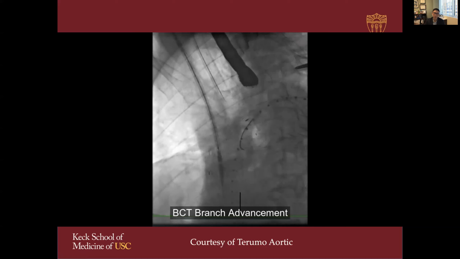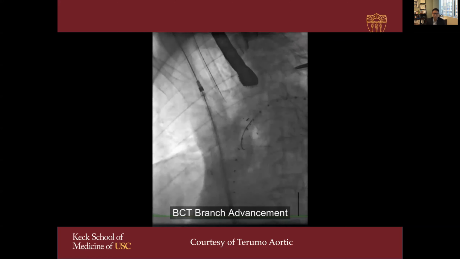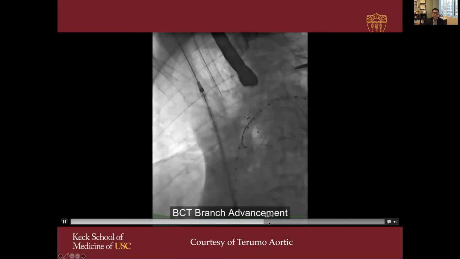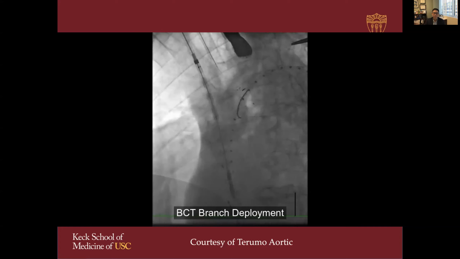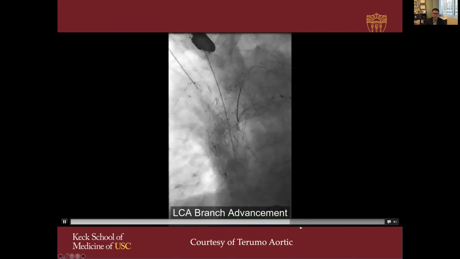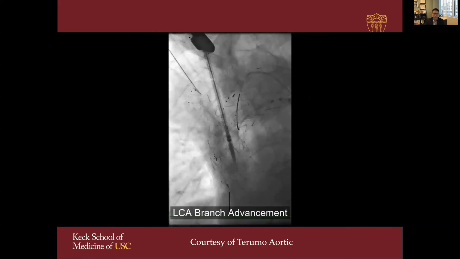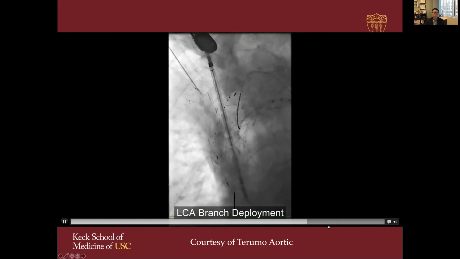At this time, the right carotid artery is clamped through an open cutdown. And you can appreciate the rapid ventricular pacing here, again, for the branch component deployment. The same thing is repeated from the left carotid artery, while the right carotid artery was completely repaired and flow restored.